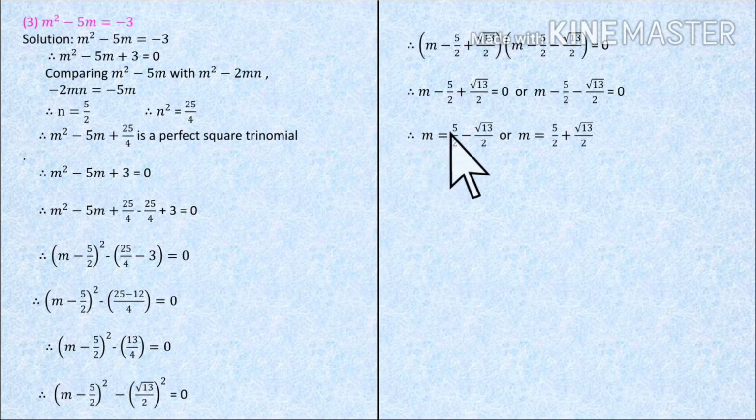So m is equal to minus 5 by 2 will become plus 5 by 2, and plus root 13 by 2 will become minus root 13 by 2. Here on this side minus 5 by 2 will become plus 5 by 2 and minus root 13 by 2 will become plus root 13 by 2.